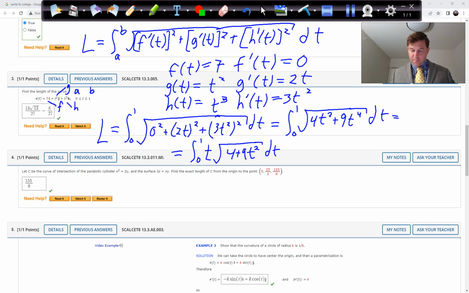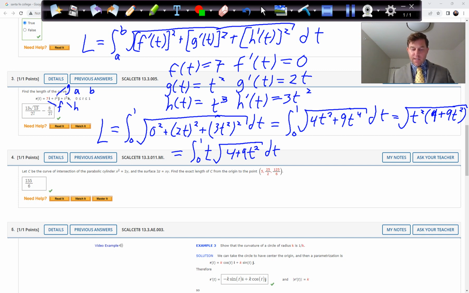Better show that step. So what we did was we said, oh, I can factor out a t squared from these 2 terms. So you get 4 plus 9t squared. And then this t squared comes out of the square root as just a regular t. Squared goes away. And you're left with the 4 plus 9t squared in the square root.